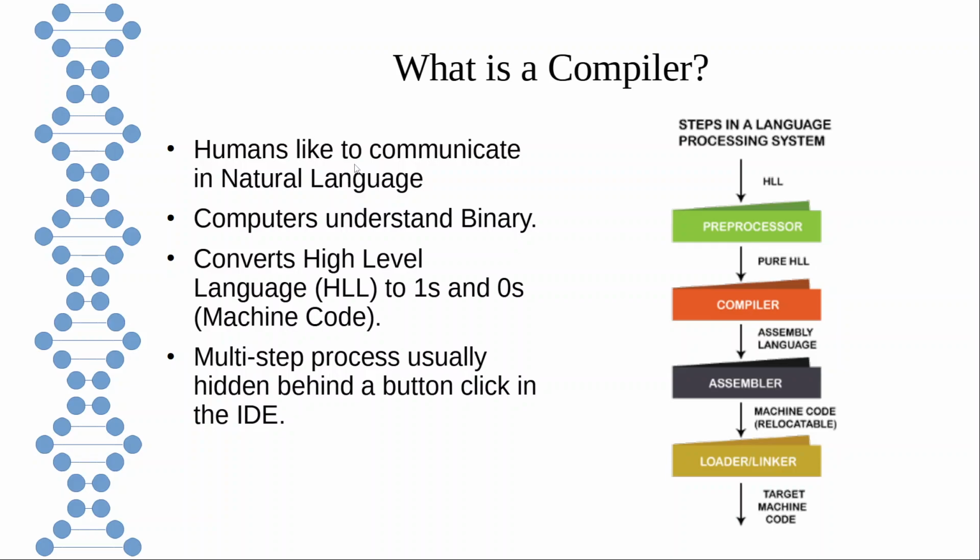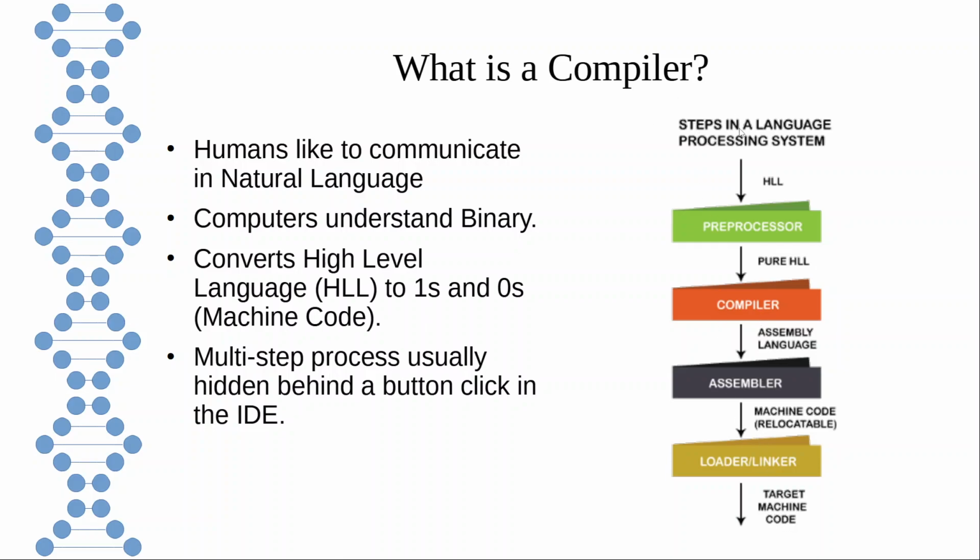But we need a way to tell the computer, in a high level language or something close to it, what we need the computer to do, and then the compiler can come over and translate that into something low level.